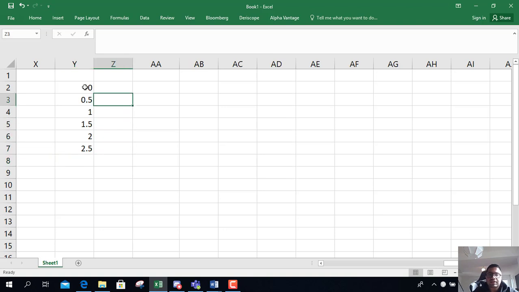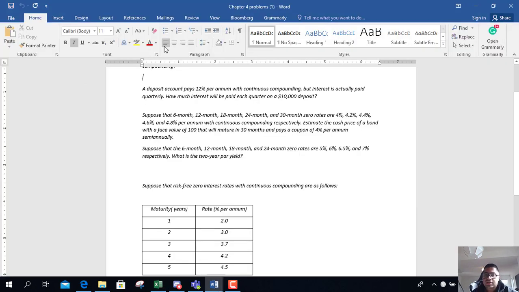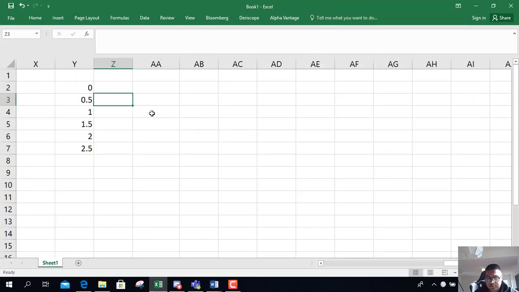This is given to you. They have also given you zero rates that are continuously compounded. So the zero rates in this given period are 4, 4.2, 4.4, etc. So let's note them down. Let's put it in percentage.